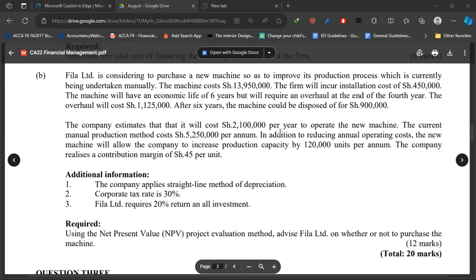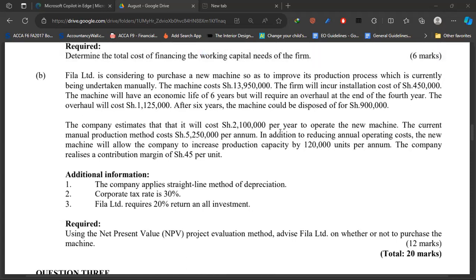Fila Limited is considering to purchase a new machine so as to improve its production process, which is currently being undertaken manually. The machine costs shillings 13,950 million. The firm will incur installation cost of 450,000.